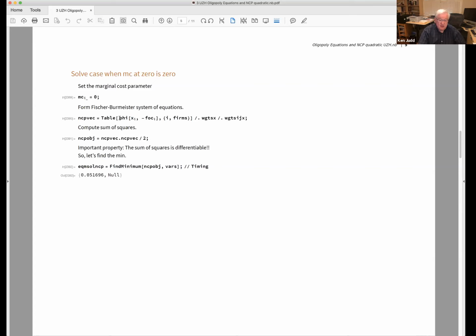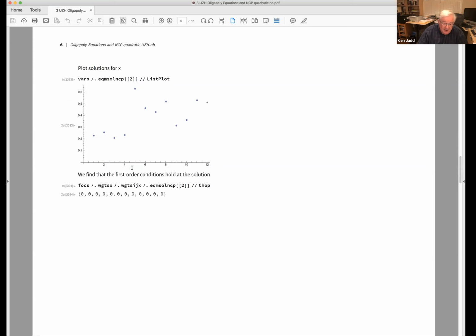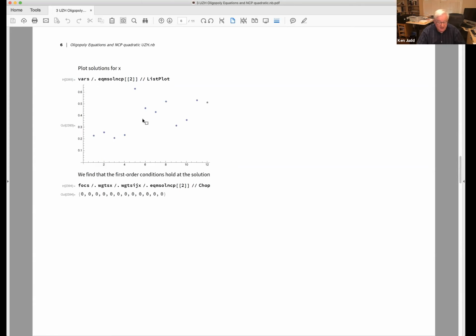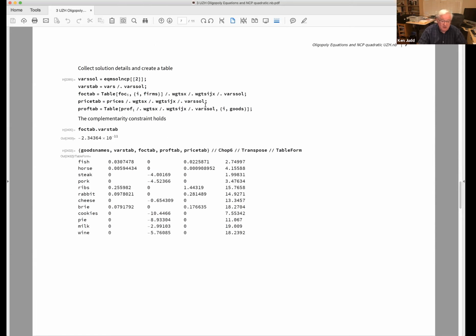I had 12 outputs, and it solves quickly. Now, in this case, I chose 0 marginal cost, so this is a case where basically we could just treat it as a system of linear equations and solve it. So here's the output of each firm, and of course they're scattered because I had random weights in the utility function, and everything works out nicely.